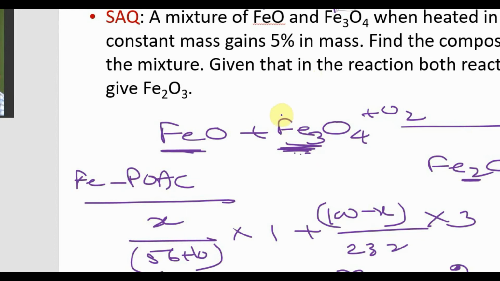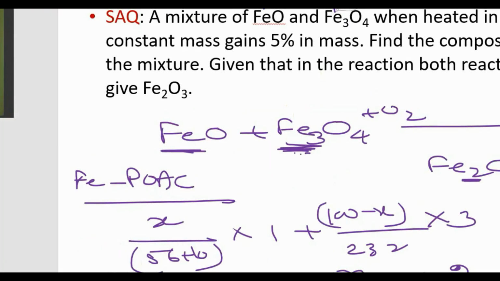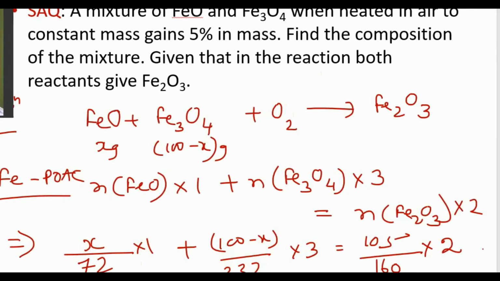So what I have done here is, supposing this is X, we have done X by 72, into 1. This is 72, oh, sorry, 16. Right? Into 1, this is equal to this. And why did I make it here?